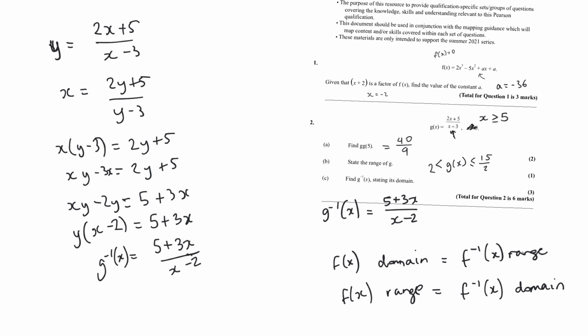So because we know the range of the normal function, it is going to be the same as the domain of the inverse function. It's just that rather than writing g of x, you're going to write just x. So it will be 2 is less than x, which is less than or equal to 15 over 2. Remembering this helps a lot.